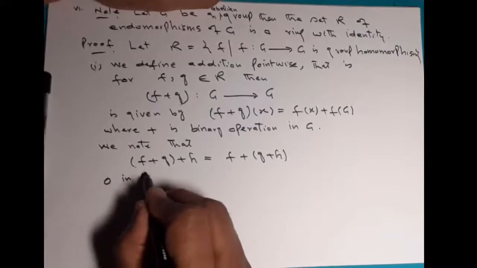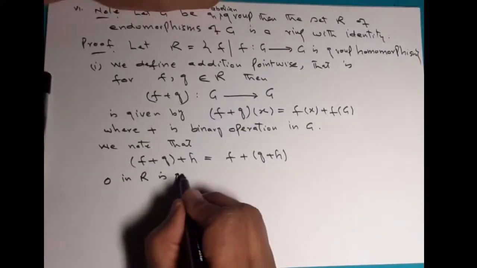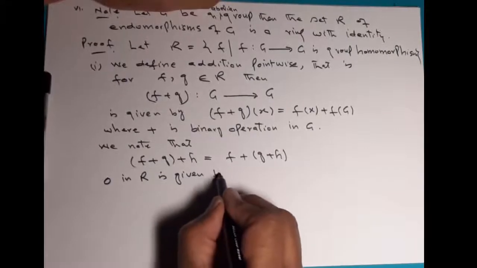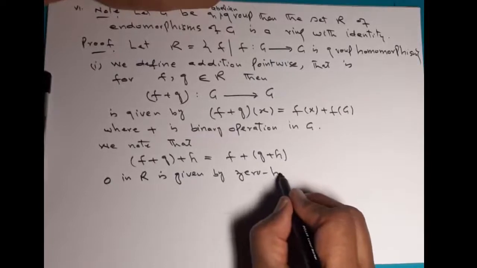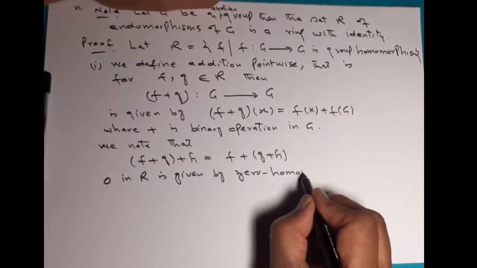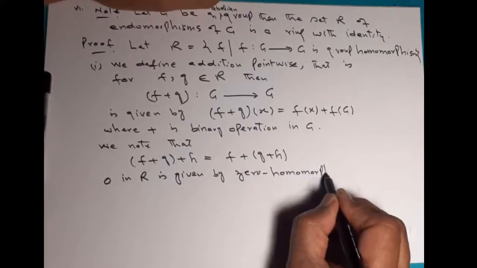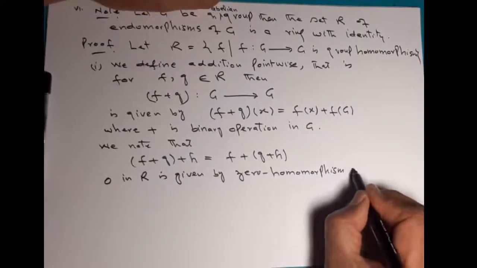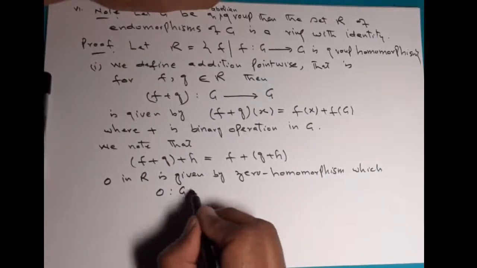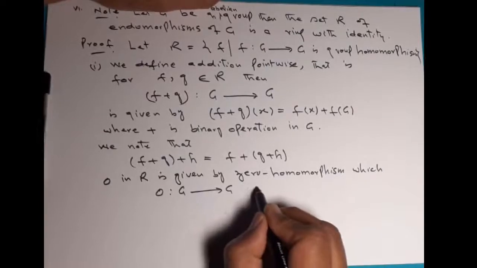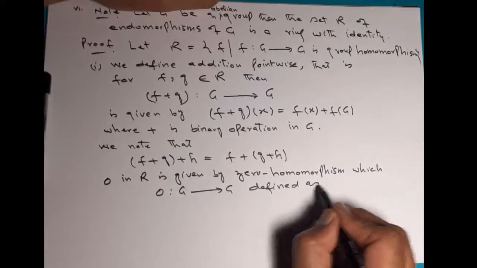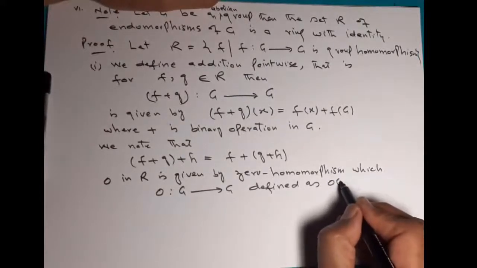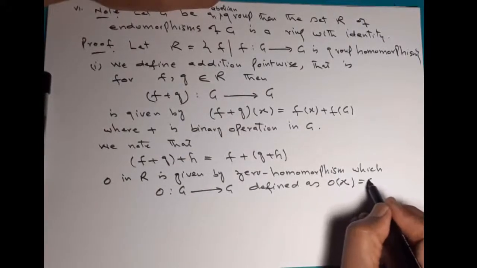In R is given by the zero homomorphism, which is 0 maps G into G, defined as zero effected upon X is equal to 0.